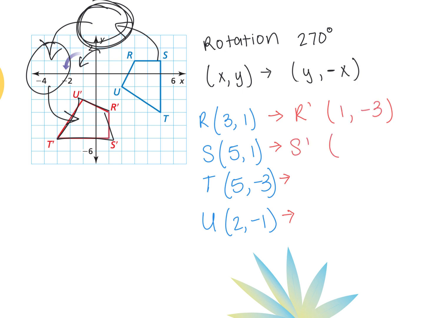What about S? 1, -5. T, -3, -5. And the last one, U. -1, -2. If you want to check it, you're more than welcome to check it. But following the rule, we got our answer.